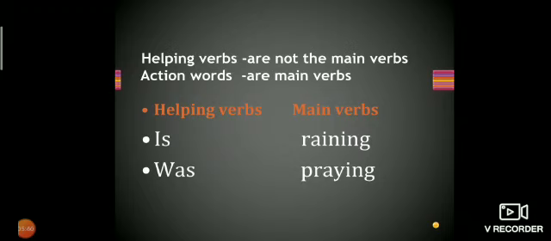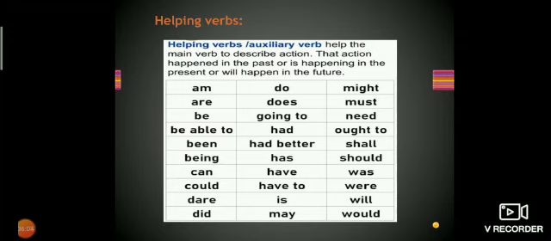Okay students, let's see some more helping verbs. Okay, we already know that main verbs are the action verbs, right? Action verbs. Let's see some more helping verbs. See here.